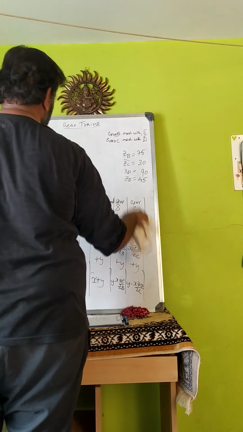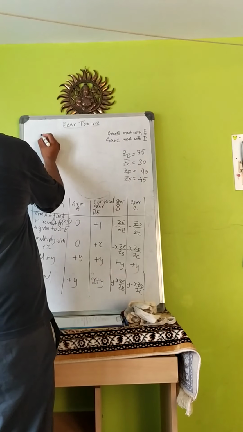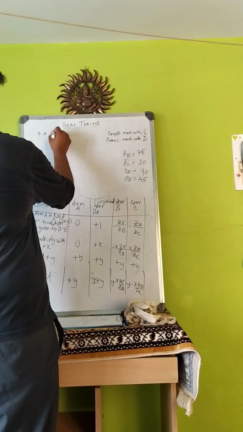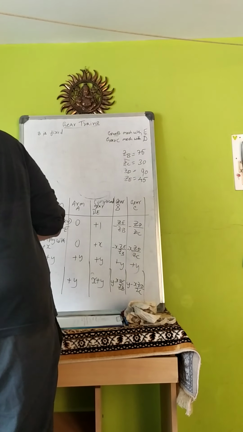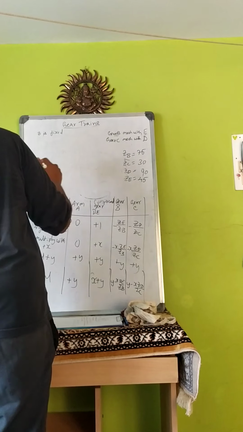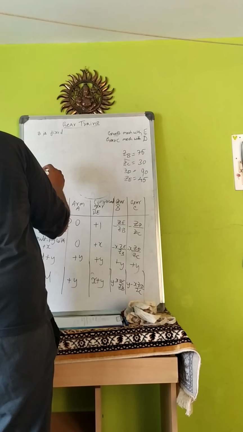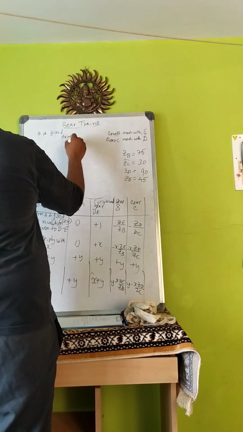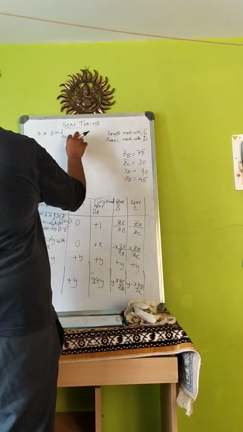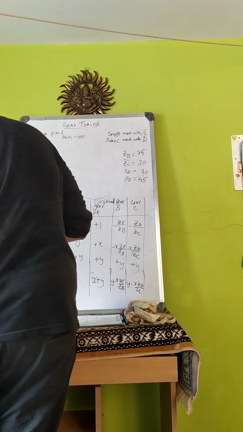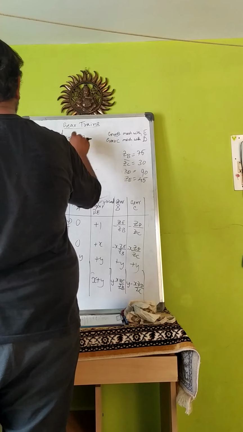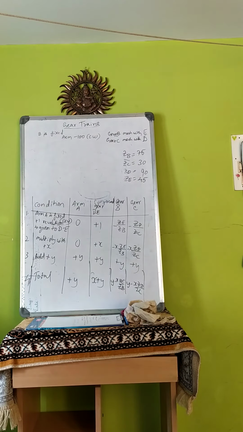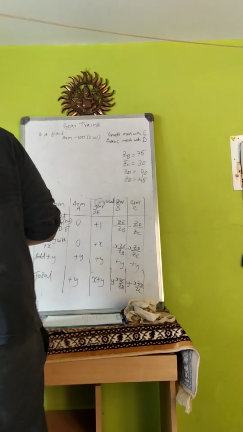I told you the condition was B is fixed, and the arm is given minus 100, which means clockwise rotation. The arm is given clockwise rotation. Okay, here B is fixed.